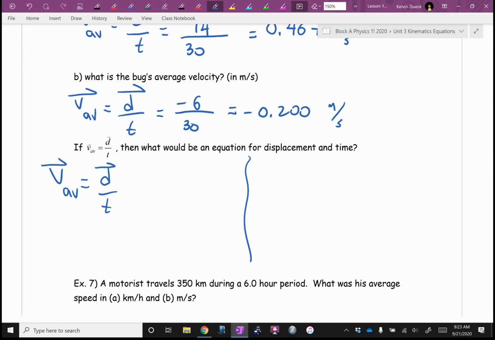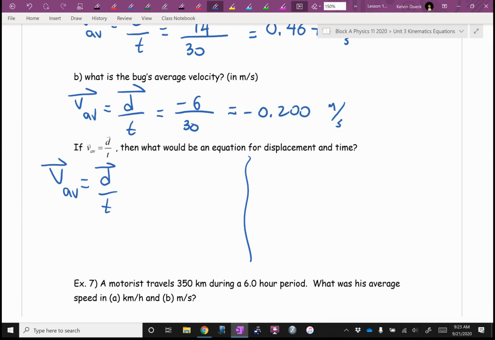What side of this equation is the letter d on? The right. So I want to move stuff to the left. What else is on the same side as the letter d? What's the t doing to the d? Adding, subtracting, multiplying, or dividing? What's the opposite of dividing by t on the right? Multiplying by t on the left.